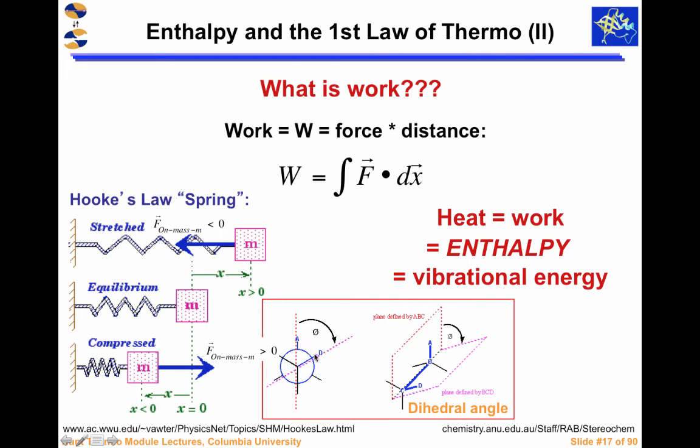The Fischer projection is supposed to be looking straight down this CB bond. And then you see the A atom and the two atoms attached to B here 120 degrees apart. And in this so-called staggered configuration, we see the D atom and the two other atoms attached to C also staggered, also located 120 degrees apart. Again, this view is looking basically along the bond axis.